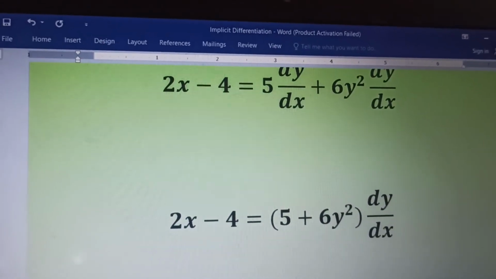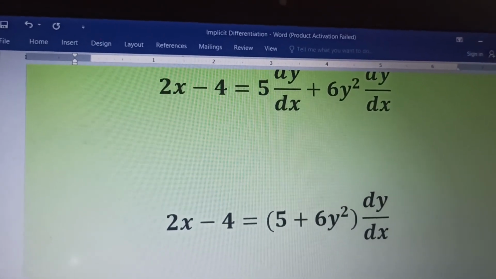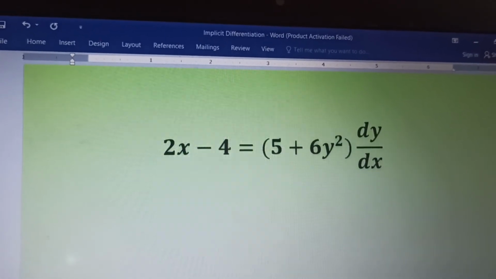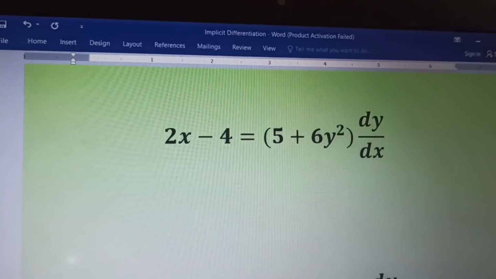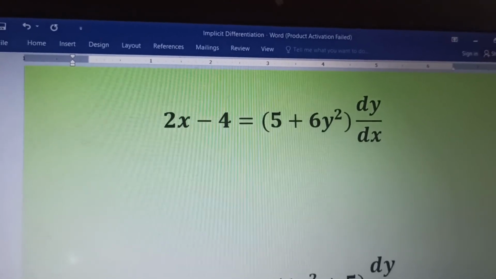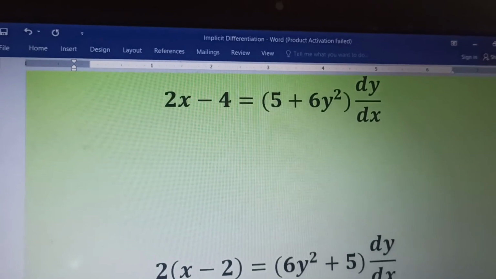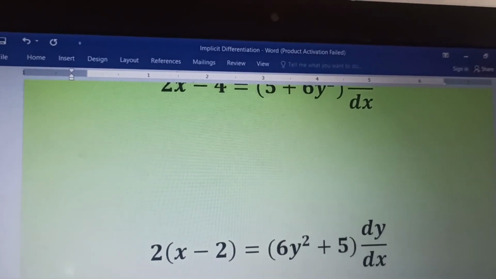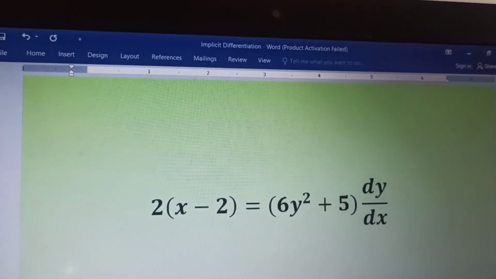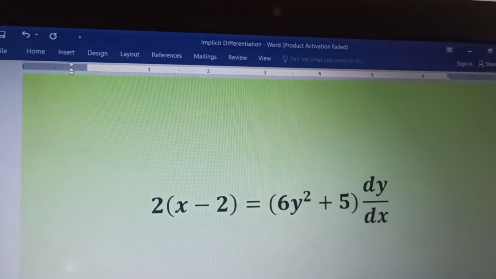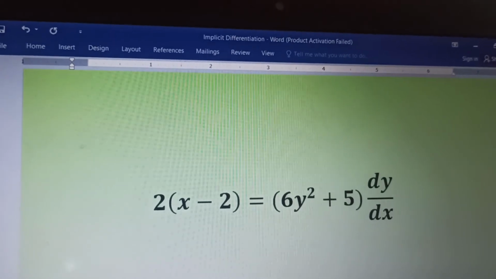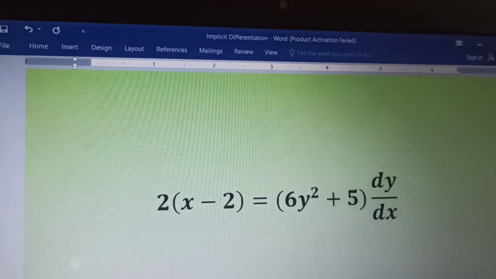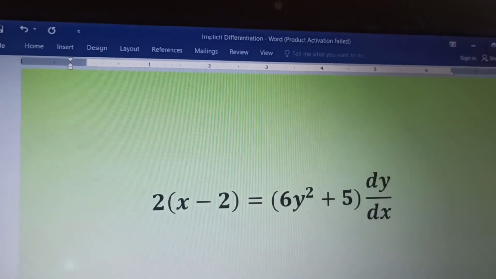So we will factorize dy dx out and we will obtain 2x minus 4 equal to 5 plus 6y squared multiplied by dy dx. And we can see that the left hand side can factorize into 2 into x minus 2.